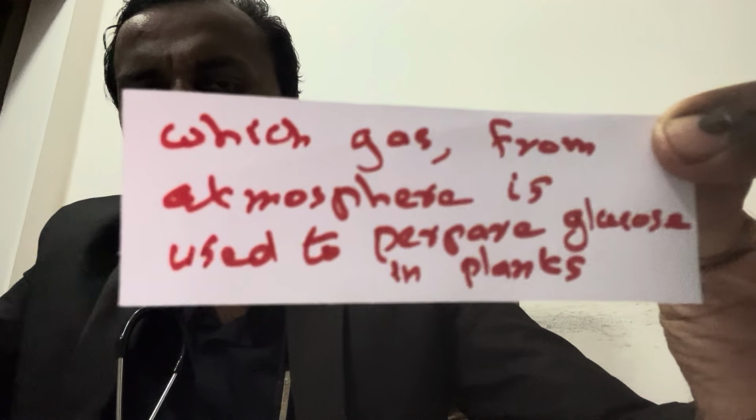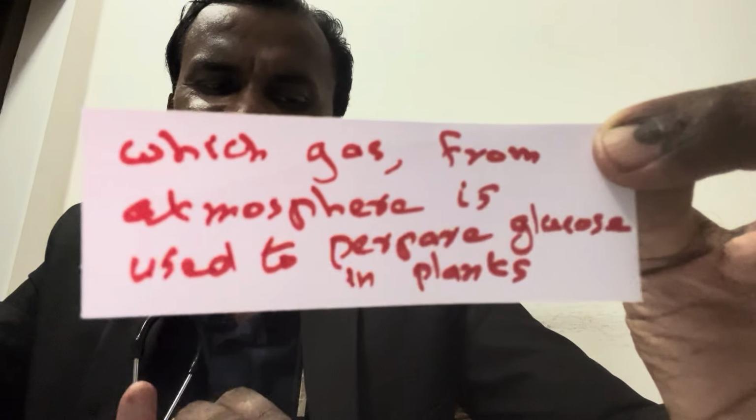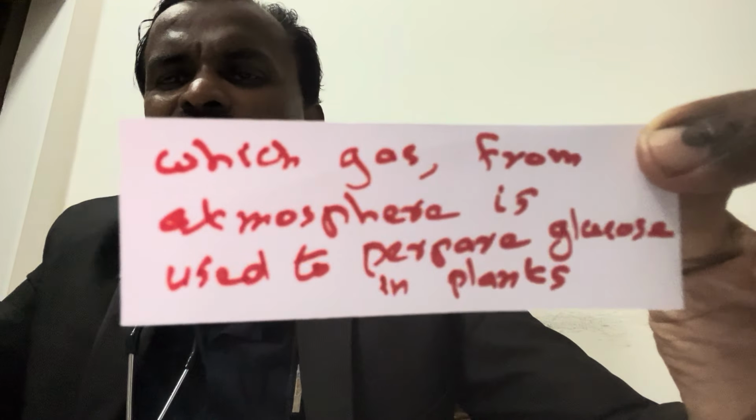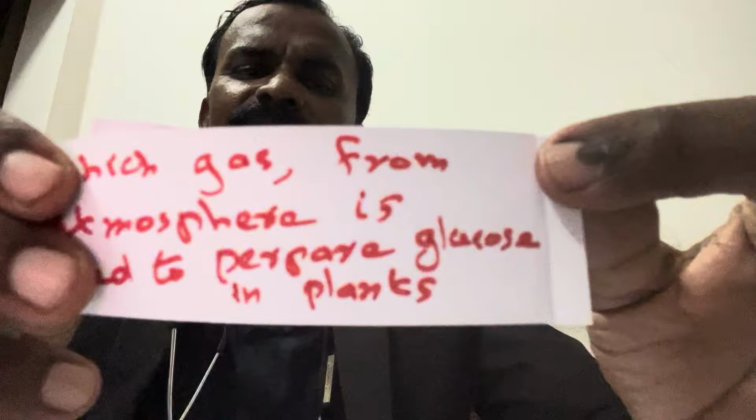Carbon dioxide. Read this thoroughly, because when they give 4 choices, they will give oxygen, carbon dioxide, nitrogen, hydrogen. That time you will get confused. Answer is carbon dioxide. Next question.